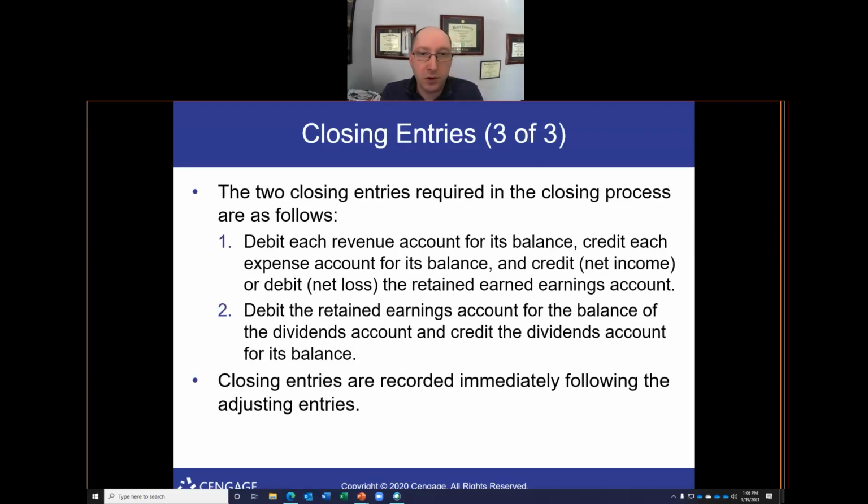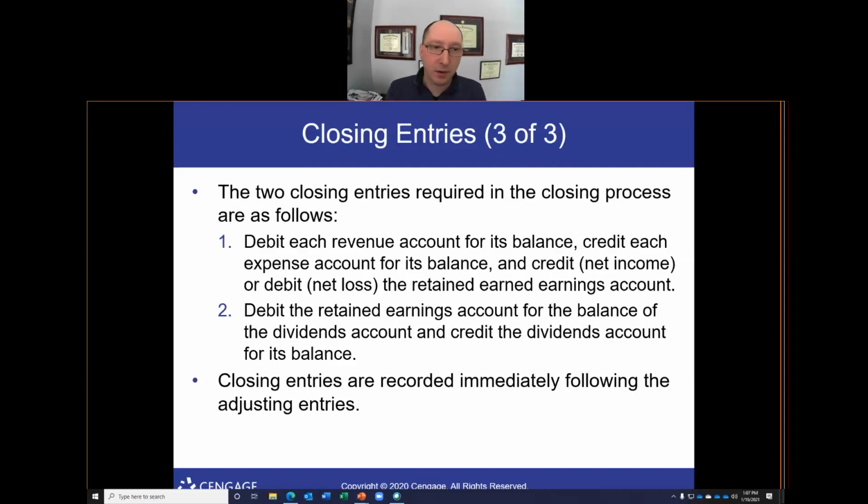The two closing entries required for the closing process: we debit each revenue account, because remember, when you earn revenue, you credit it. When you close out your revenue accounts, you debit them. That debit transfers them to retained earnings. So you debit the revenue account when you close it out, and you credit the expense accounts.